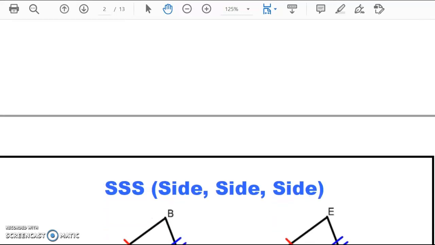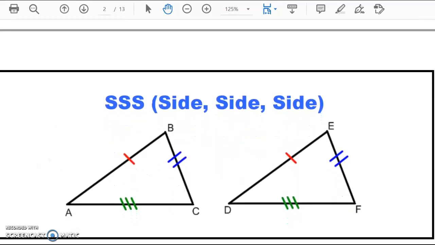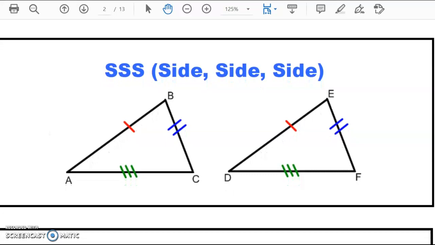I want you to skip over to this page where they start talking about the postulates for proving triangles congruent. One way we can prove triangles congruent is if both triangles have three sets of congruent corresponding sides. If you recall, we talked about these tick marks telling you what is congruent.